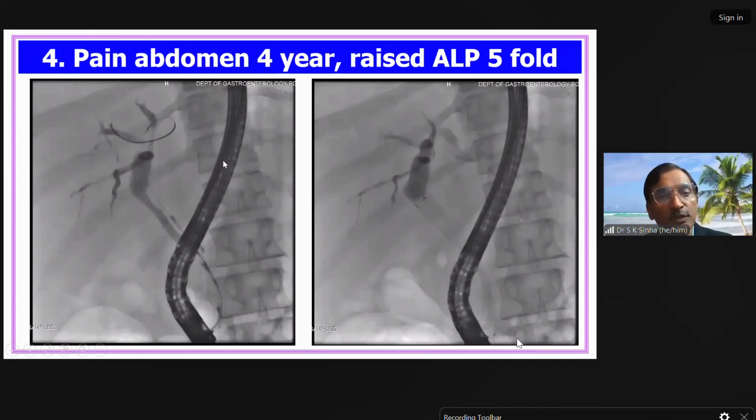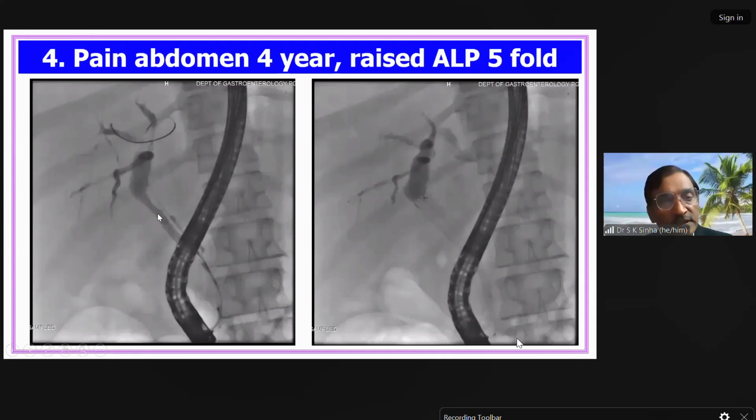You compare with the scope. The scope is taken as around 11 to 12 millimeter, depending on the different brands of scope, and you compare with that, because depending on the magnification, this will change. So you always compare with the scope. So here it is around 12 millimeter, common hepatic duct and upper CBD. So this is mild to moderate dilatation.